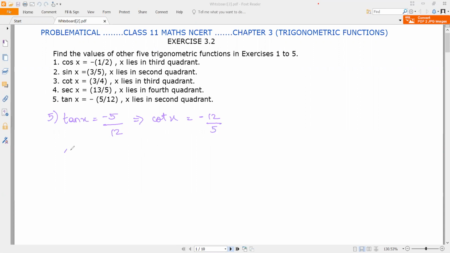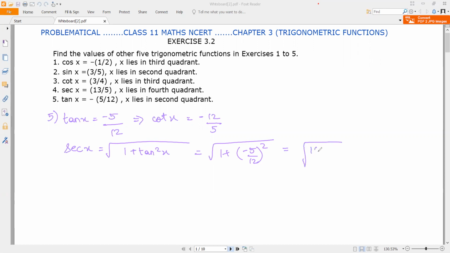Here sec square x is equal to 1 plus tan square x. So sec x is equal to root of 1 plus tan square x. This is equal to root of 1 plus (minus 5 upon 12) whole square. This will give you 144 plus 25, which is 169.